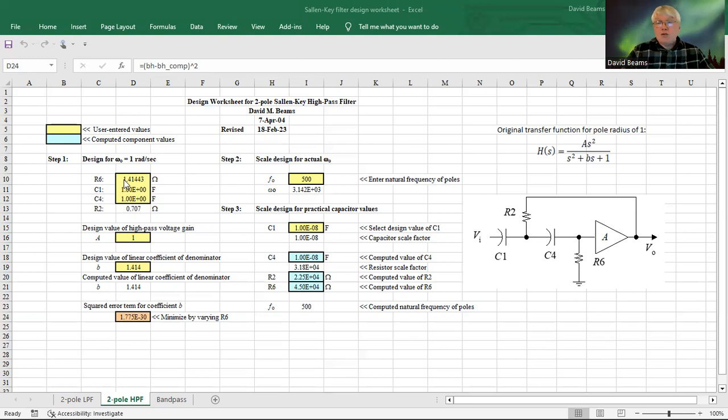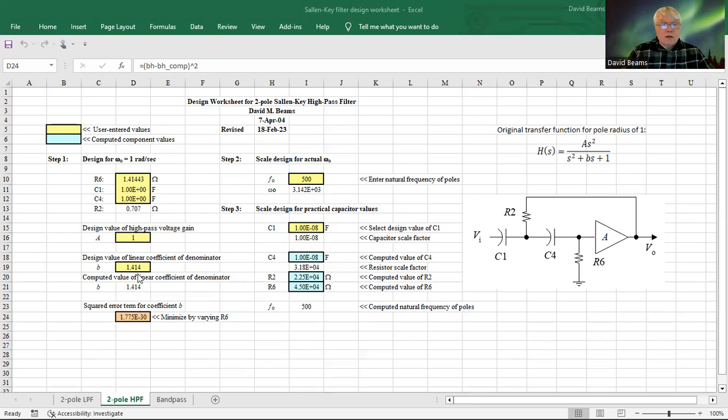And if I choose 3 out of the 4, the 4th one is determined. So I chose to make R2 the value that's calculated from the other 3 values. So don't change the value of this cell. As a matter of fact, there's a formula there. Don't overwrite it. The gain of the voltage amplifier in the Sallen-Key circuit is here.